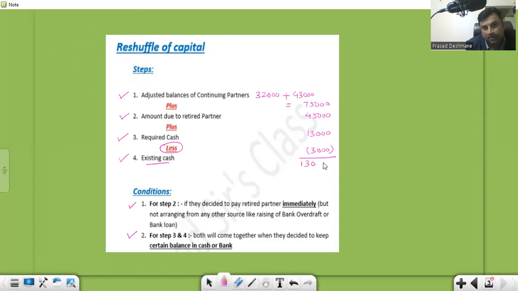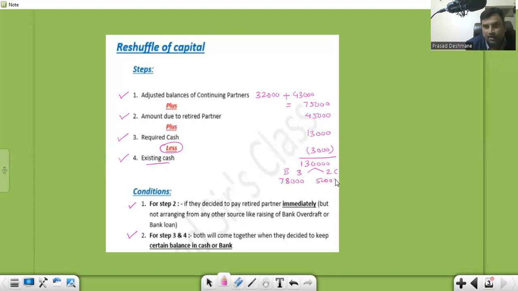This is the new capital of the business that we are going to split in the new ratio, which is 3:2 between B and C. 1,30,000 divided by 5 into 3 is 78,000. And 2 is 52,000.